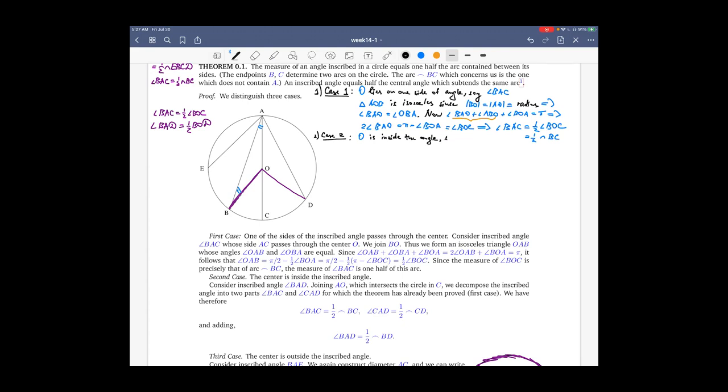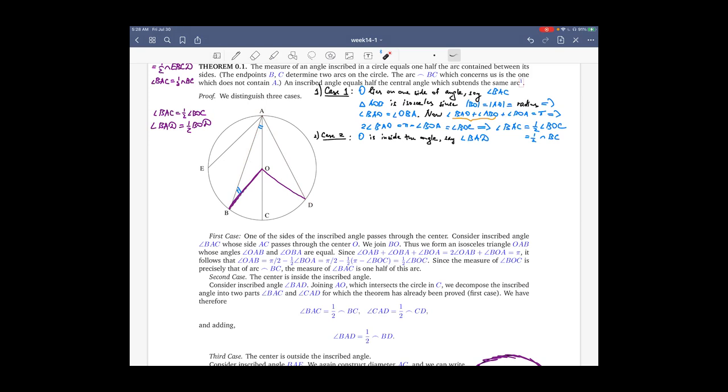Say, consider the angle BAD. With respect to that angle BAD, the center O is inside the angle.